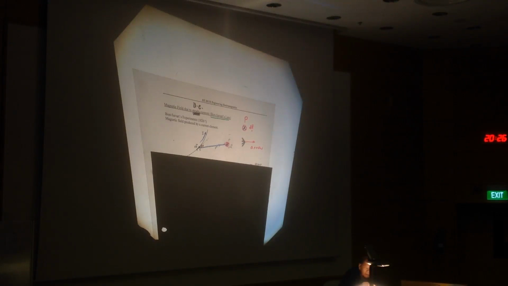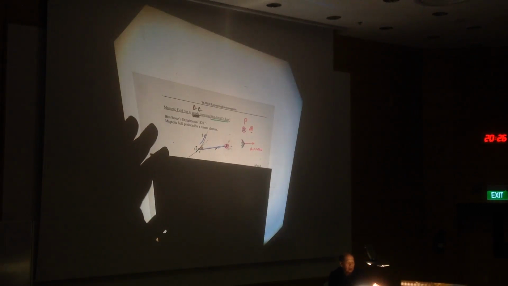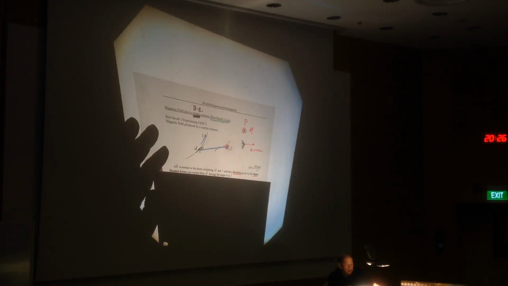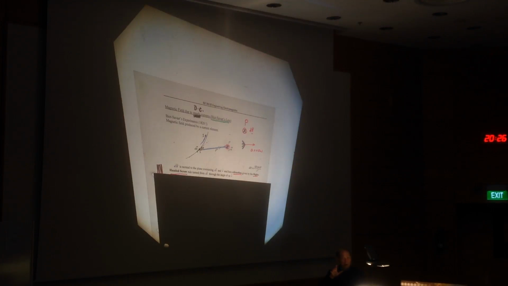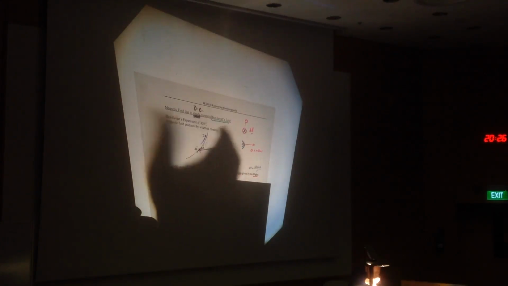Okay, so these two persons, Biot and Savart, did some experiments and came out with results. First, they found that the direction of H forms a loop, like this, on the plane of the paper. If I grab the wire, I put my thumb in the direction of the current, and I twist my fingers.